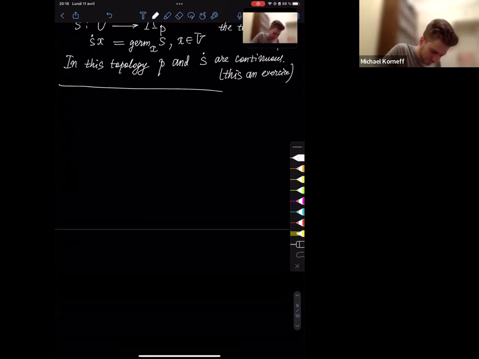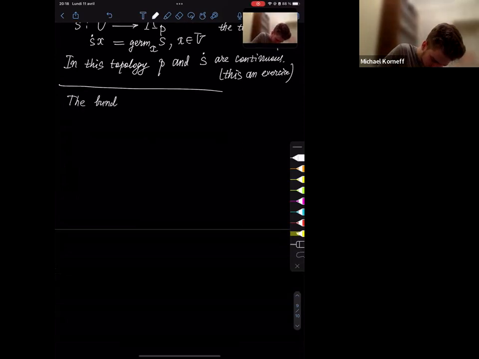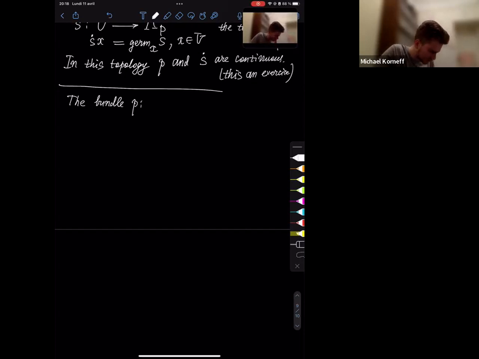Moreover, the bundle p from Lambda P to X is a local homeomorphism.